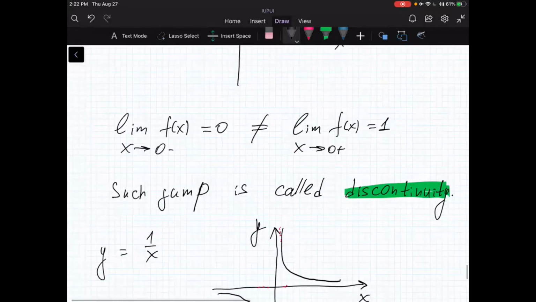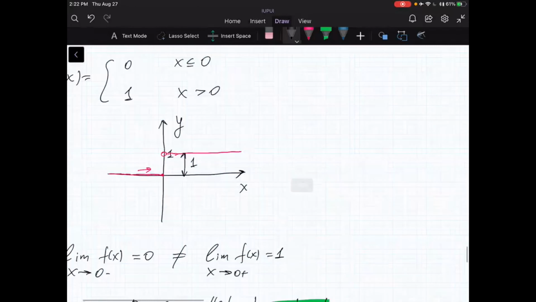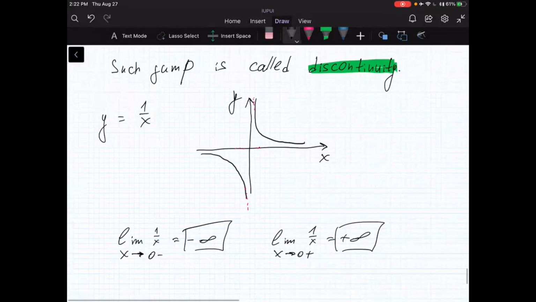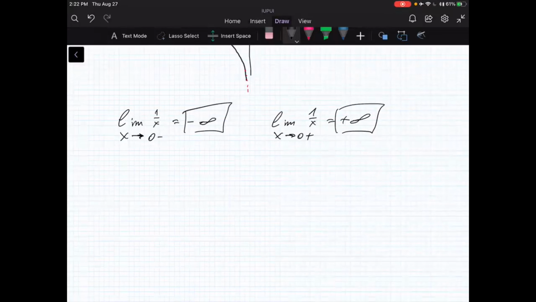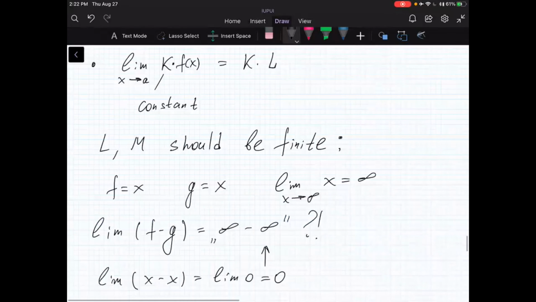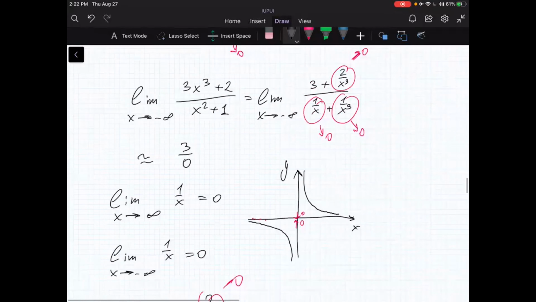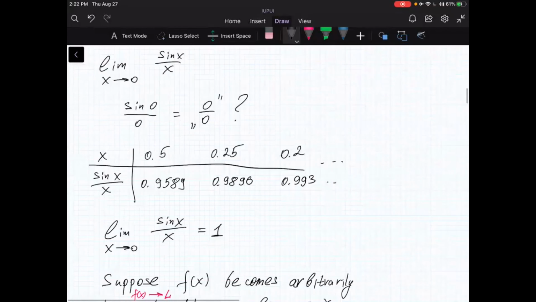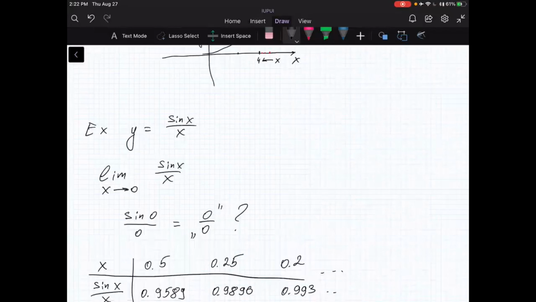In this book it's not discussed, but there are some types of discontinuity. This example is a discontinuity of the first type, when it's finite. This is the second type, and there is a discontinuity that can be removed. This is a kind of third type, like sine of x over x. This function is not defined for x equals 0, but if you look at the graph, you will see that the limit from the right and from the left is the same.